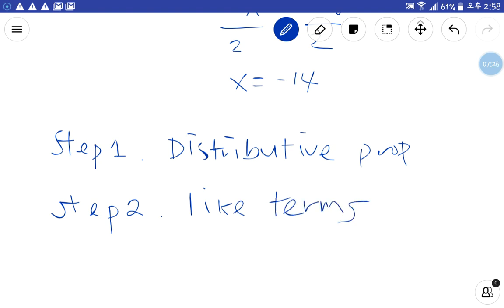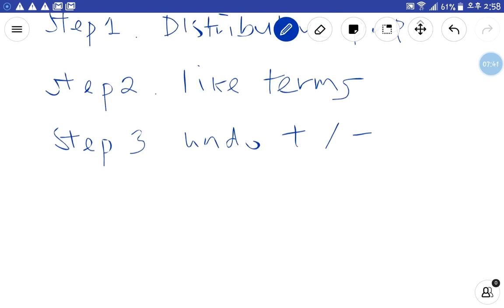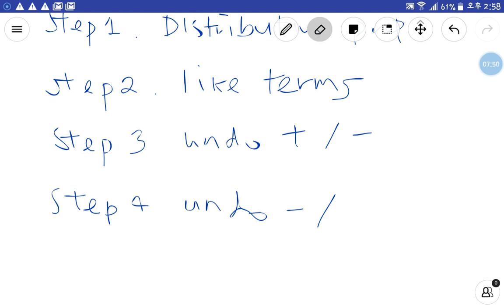And then you're going to do the opposite order of PEMDAS. So you either add or subtract, so undo addition or subtraction. And then your last step, undo division or multiplication. So multiplication or division. Okay, that's your 4 steps.